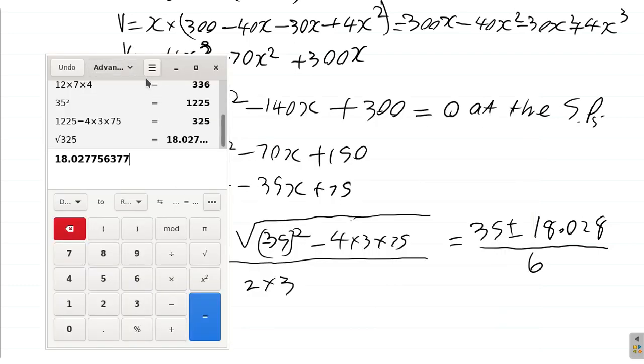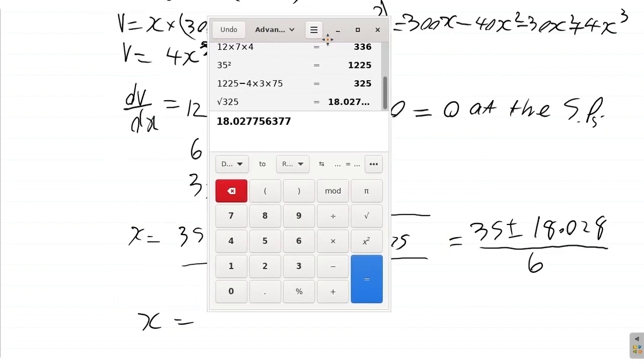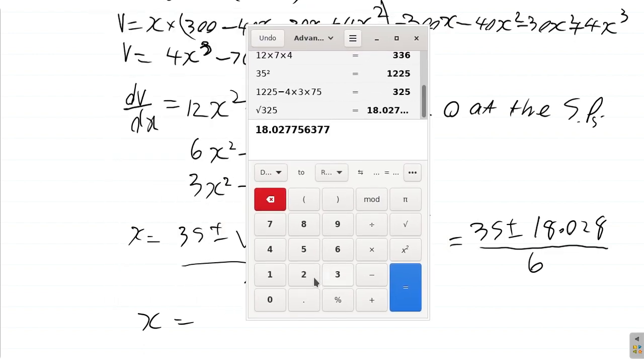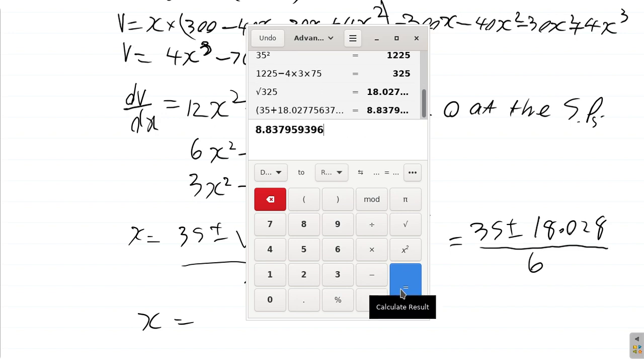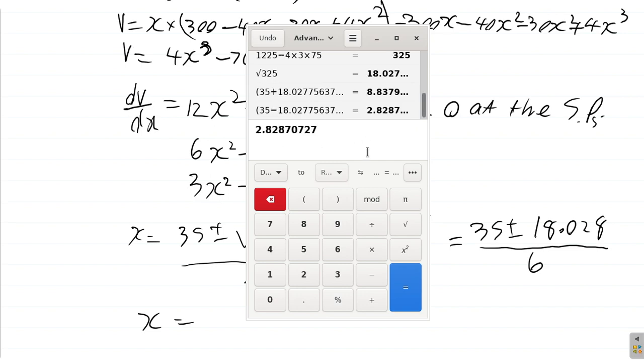There we have it. Now, we're going to have 35 plus this. Let me put them in brackets. 35 plus all of this, divided by 6 equals 8.838, and also 35 minus that, and we have 2.829.